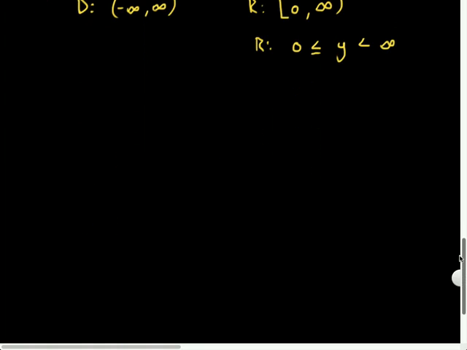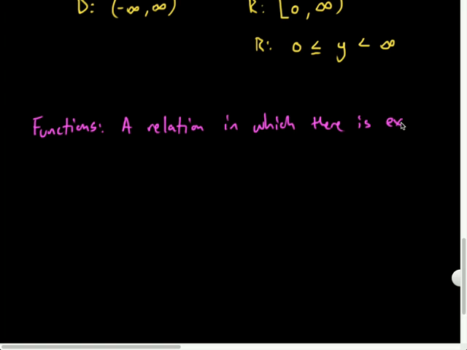Now, in terms of functions, I just want to point out a couple other ways to represent them. A relation in which there's exactly one output for every input.